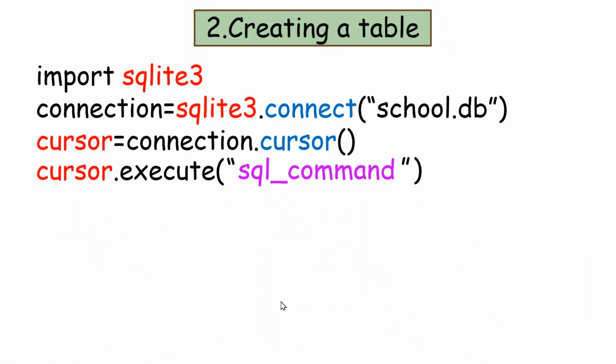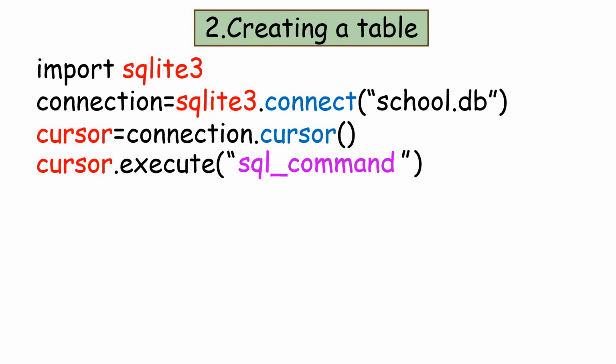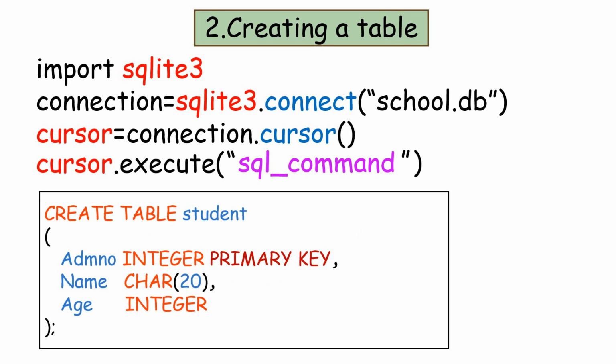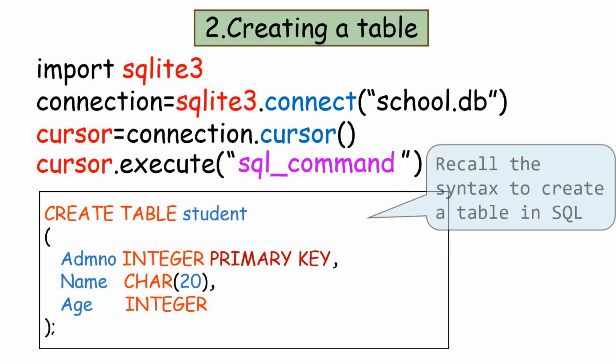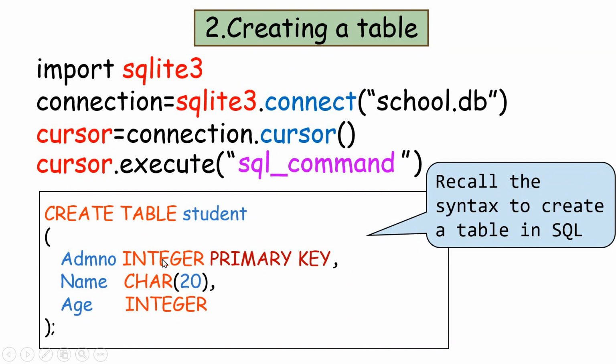So you recall the syntax for creating a table which you learned in SQL in chapter 12. Create table student is an SQL command to create a table with the name student. This SQL command you have to insert here in the place of SQL command, that is as a parameter for the execute function.